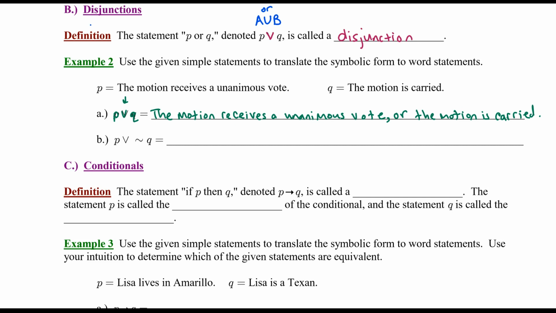Let's try the next symbolic statement. We read this P or not Q. So again, we're going to begin with the simple statement P. The motion receives a unanimous vote.